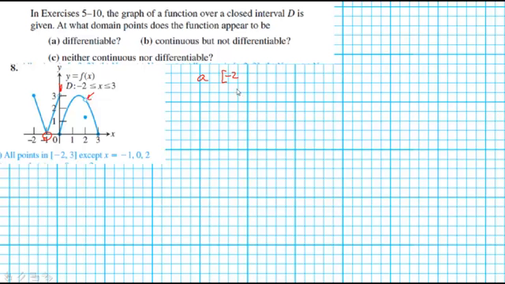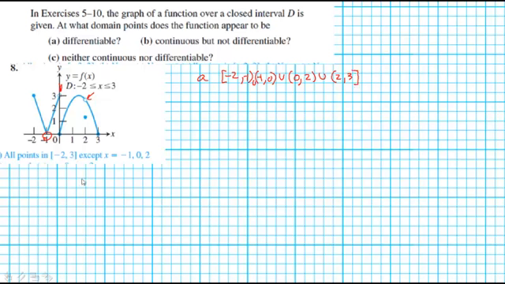So how about from -2 all the way to -1, but not including -1, union with -1 to 0, not including 0, unioned with 0 to 2, union with 2 to 3, including 3.